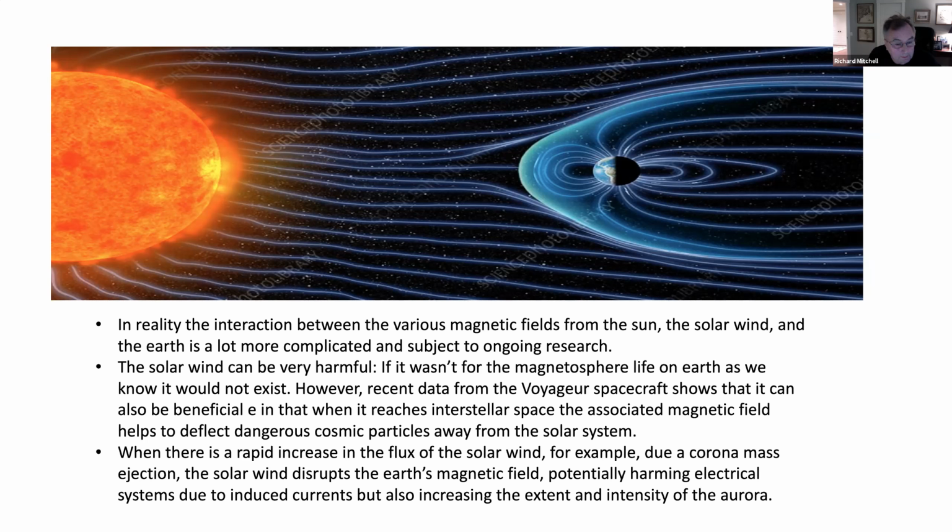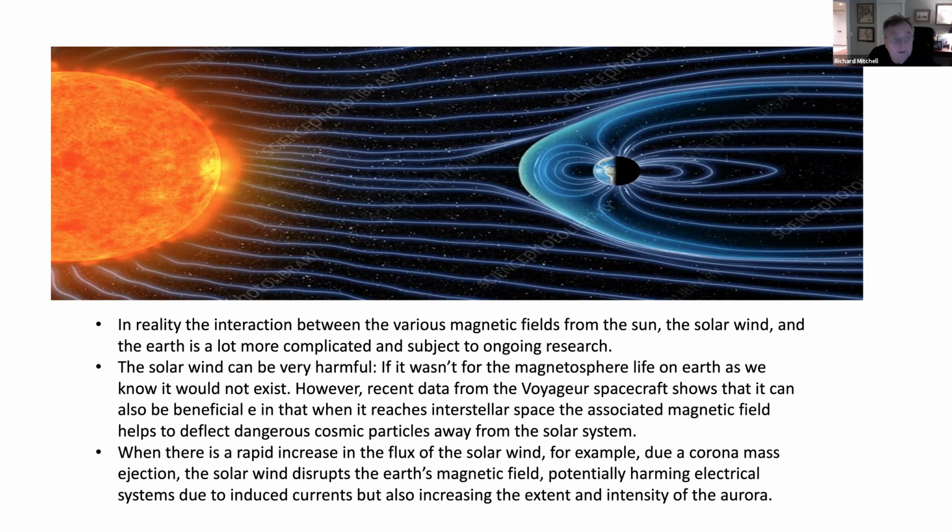So it's also beneficial. Monitoring the aurora does give us, as Michael indicated, an indication of solar activity.